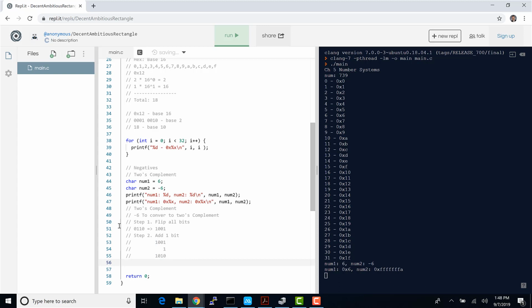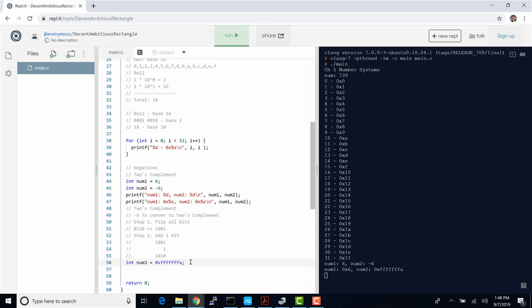Maybe another way to convince you about this, let me make this an int again. Let's have another one, int num3, and let's say this is equal to, just like we've got here, FFFFFFFA. Okay, so that's 32 bits.